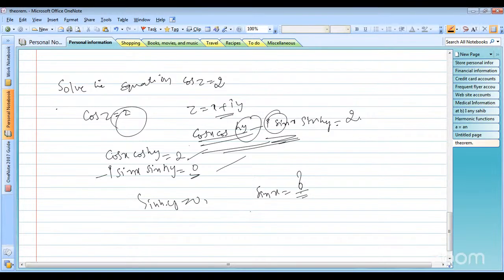Therefore cos x is equal to 0. Y is equal to 1, so cos x is equal to 2 and has no solutions here. Therefore also the same here, x is equal to 0. Therefore x is equal to n pi.